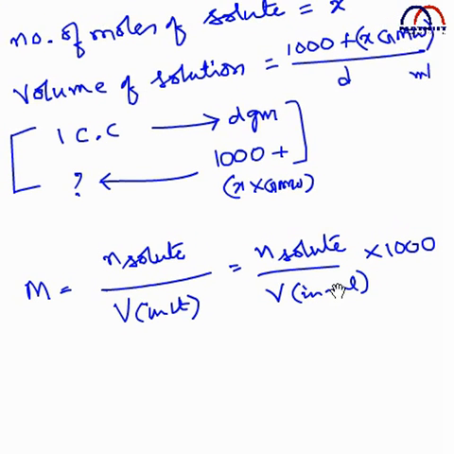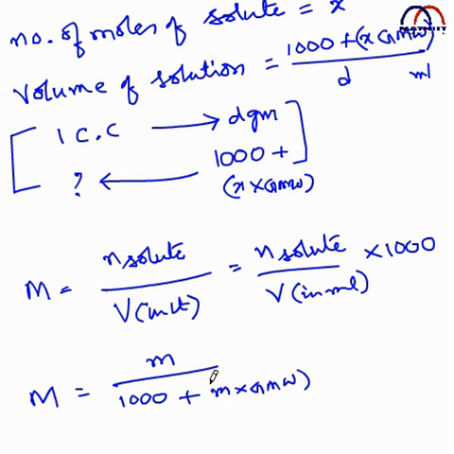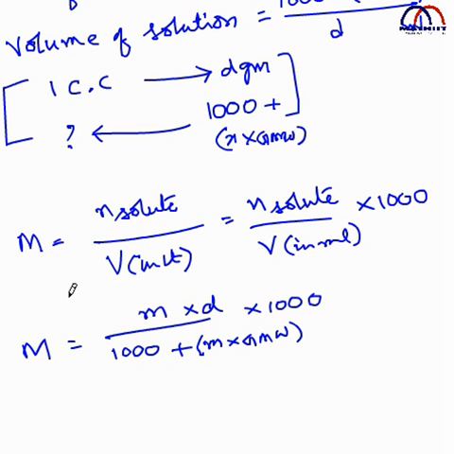Now take this value, the volume of the solution: m is equal to small m, then that is 1000 plus, in place of x I will take small m into gram molecular weight. This d comes here, and into 1000. We can get the molarity whenever molality is given by using this expression there.